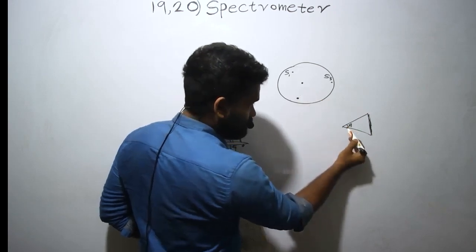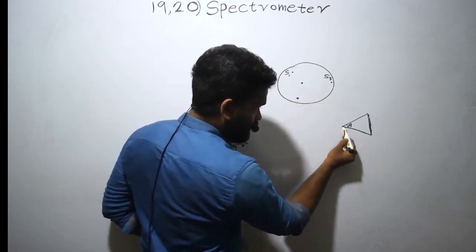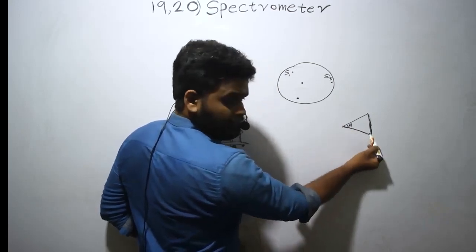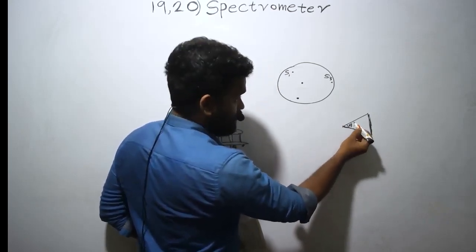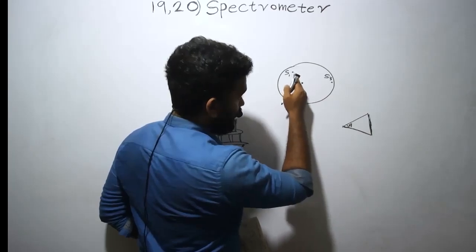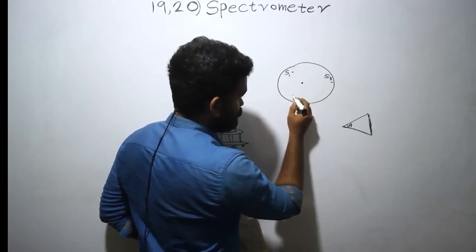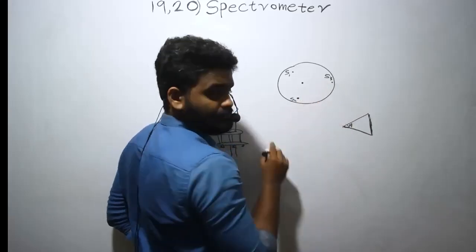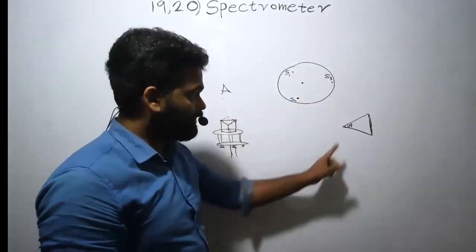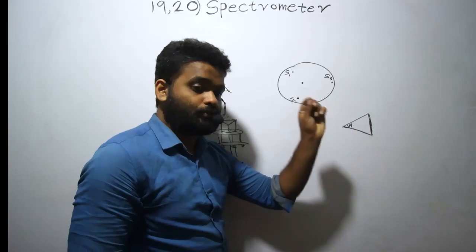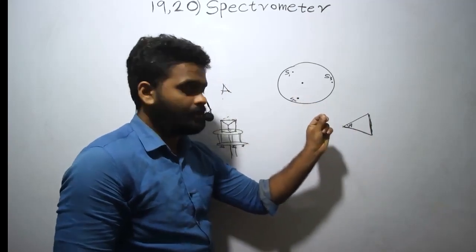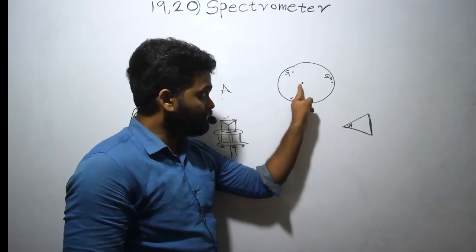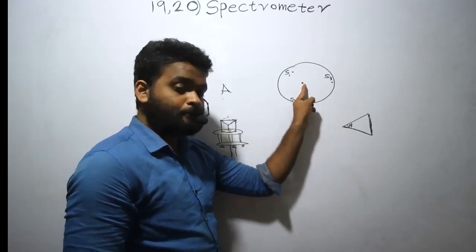And one side of the prism should be normal to one of these lines, S1S2, S1S3 or S2S3. One of the edges should be perpendicular. The other point is that the refracting edge should be closer to the center.